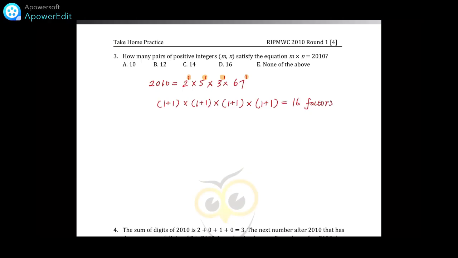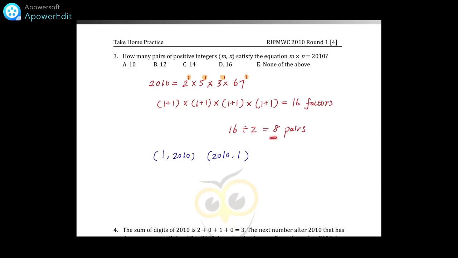16 factors means we can separate them into 8 pairs, 16 divided by 2. There are 8 pairs of numbers. For each pair, the first pair is 1 and 2010. Now, if we reverse the order, these two are considered different.